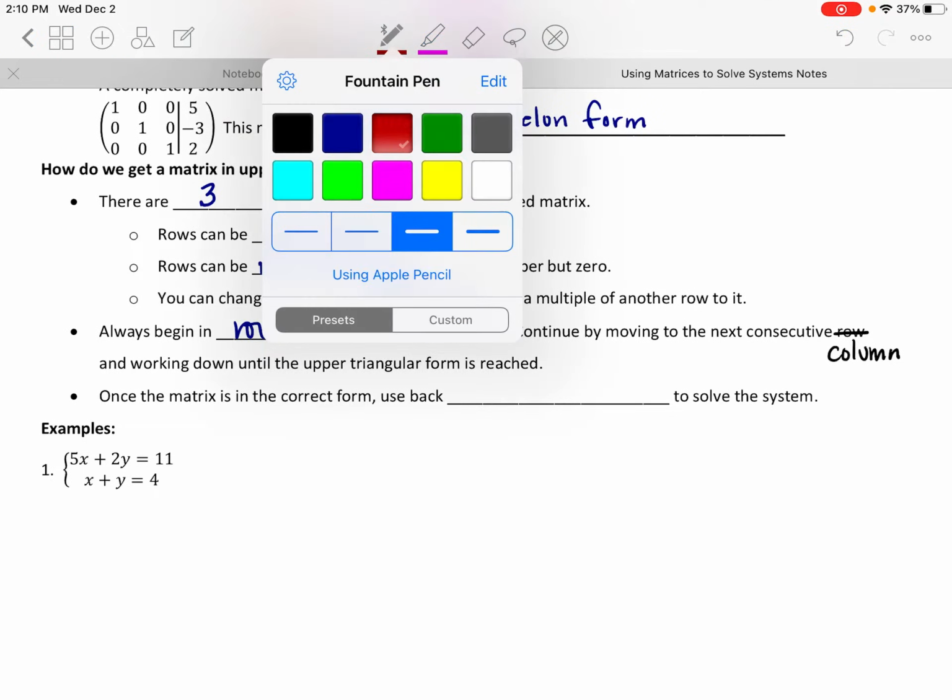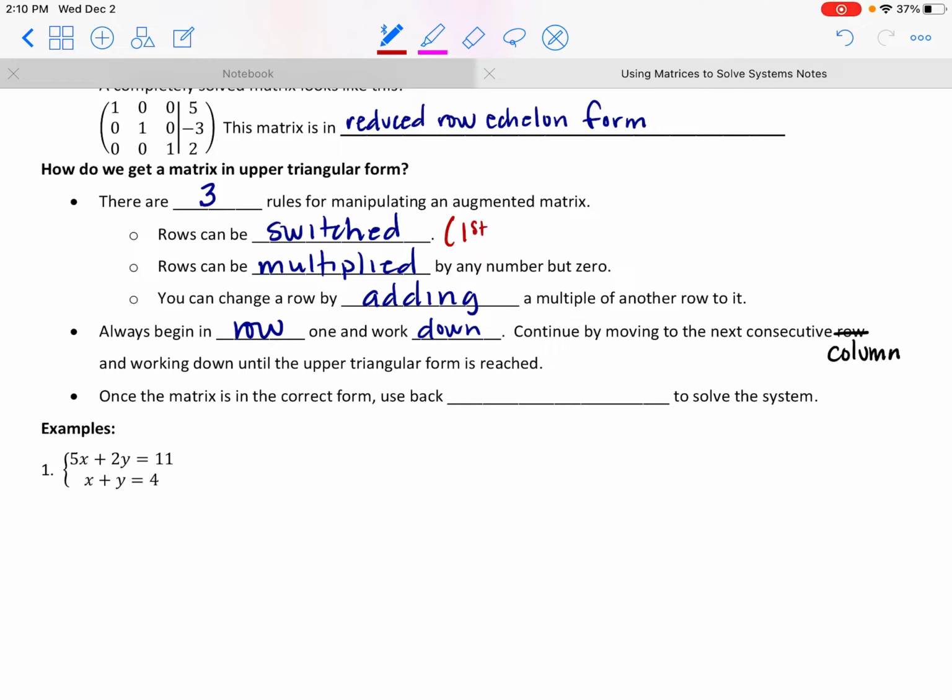So this is first step, maybe. Okay, maybe in the first step or not at all. Usually used once in the first step, okay? Not generally used after that.